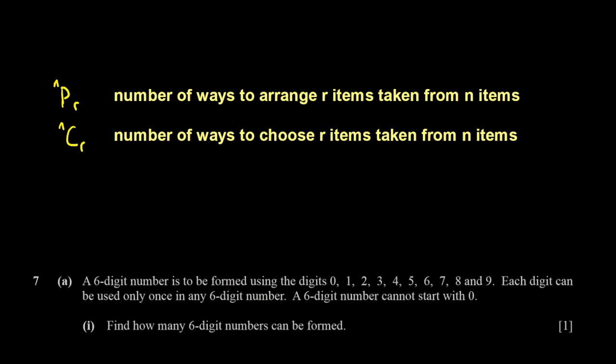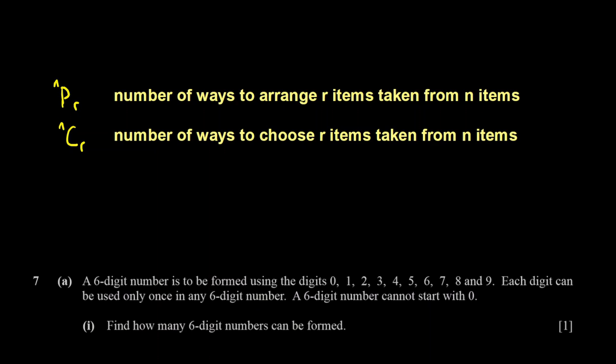Now, the difference is with these words, arrange and choose. And the basic distinction is, if we are arranging something, the order matters. If we are choosing, the order doesn't matter. So, for example, the classic example is if I'm forming a code, like a password, the order of the letters is important, right? It's not just that I have the right letters, I need to have the letters in the right order. So the arrangements are important, so we would use permutations.